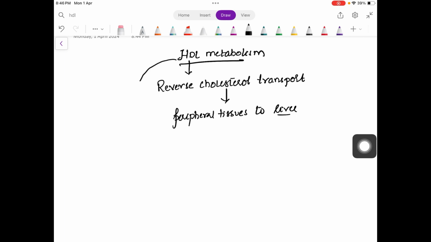And as this HDL molecule is taking up cholesterol from peripheral tissues, it will prevent deposition of cholesterol in the peripheral tissues, and it will prevent atherosclerosis also. That's why this is called a good cholesterol.